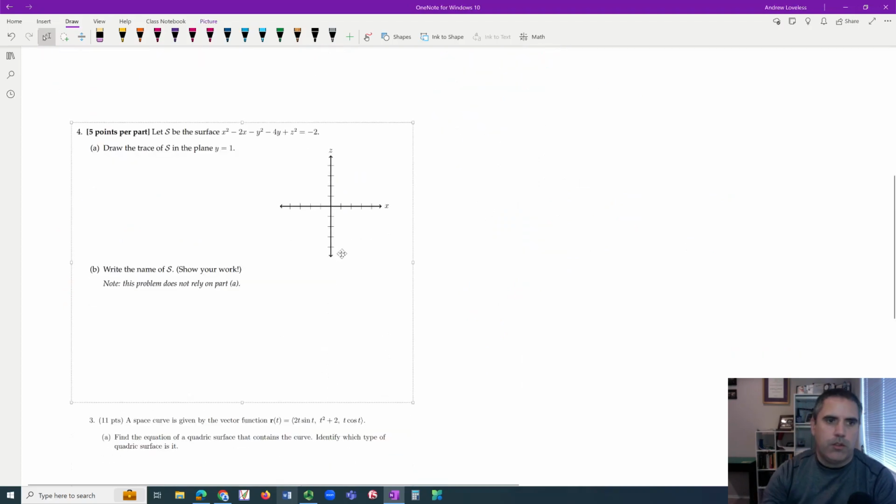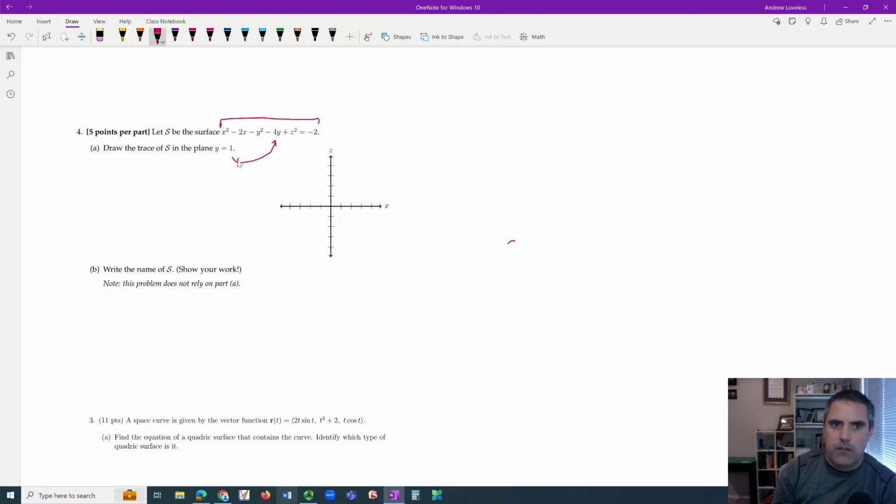Okay, so I found a few old exams that aren't mine. We're given this kind of messy thing. First it says, what's the trace when you put in a 1 here? Well, if you put in a 1 there, you're going to have x squared plus z squared equals -2. This is something you encountered in the homework.